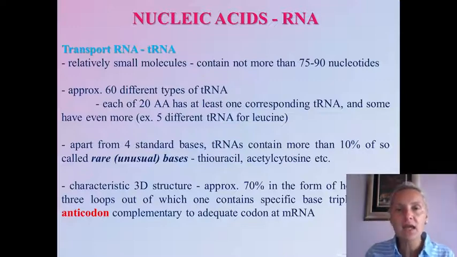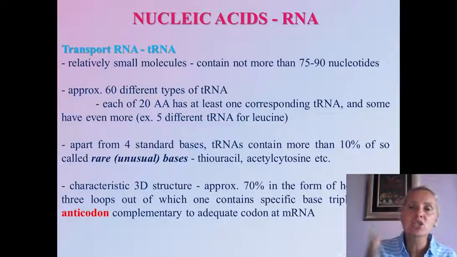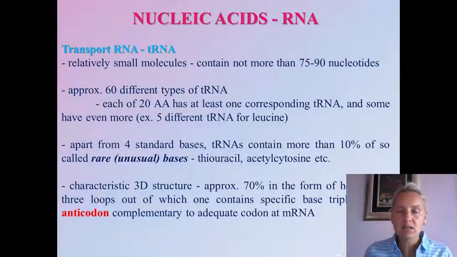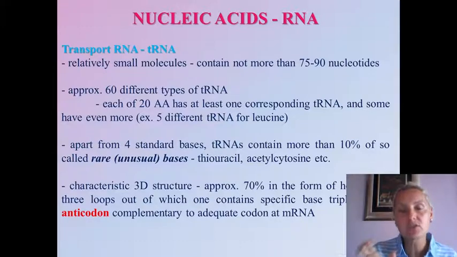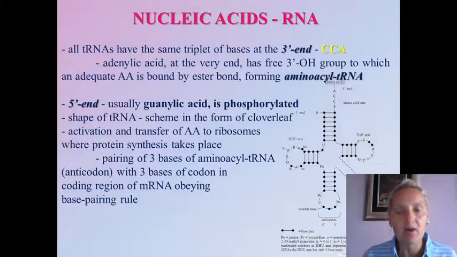Also, tRNA has a very specific 3-dimensional structure because more than 70% of the sequence is in the form of a helix, and it forms 3 loops, of which one contains a very specific base triplet called the anticodon, which is complementary to the adequate codon on mRNA. Here is the figure representing those 3 loops, and one of them contains 3 bases marked as the anticodon.